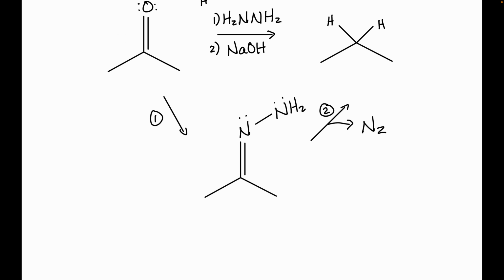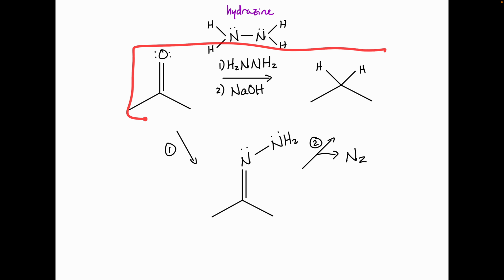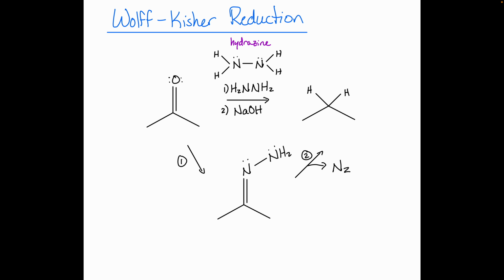So we have this really strong entropy push here because of this nitrogen gas that's formed in this reduction reaction. All right, but here's our Wolff-Kishner reduction. Treating an aldehyde or ketone with hydrazine followed up by sodium hydroxide. That will fully reduce that aldehyde or ketone to an alkane.